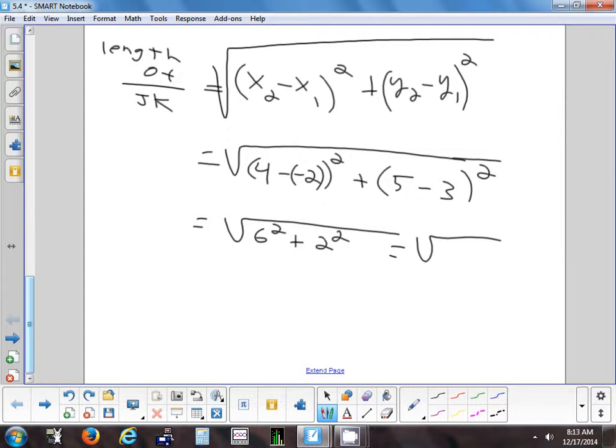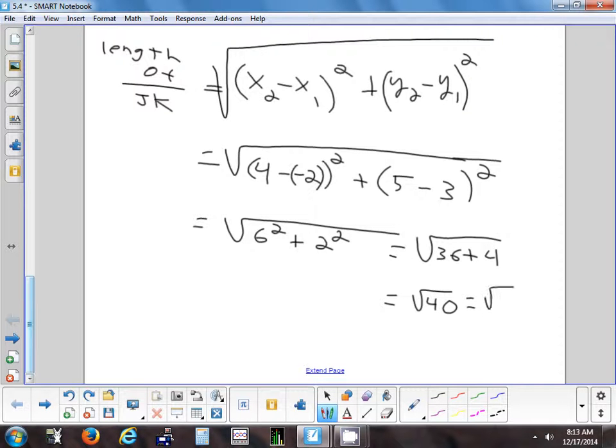6 squared, Jacob, how much is that? 6 times 6? 36, yeah. And then 2 squared? 4. Okay, so add those up. And we get the square root of 40, which can be reduced.